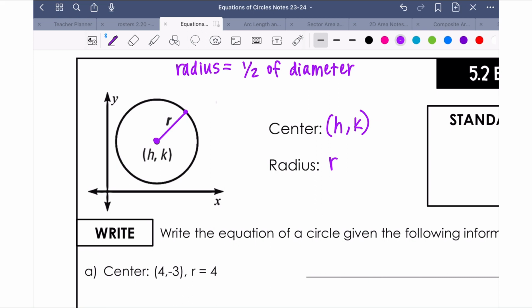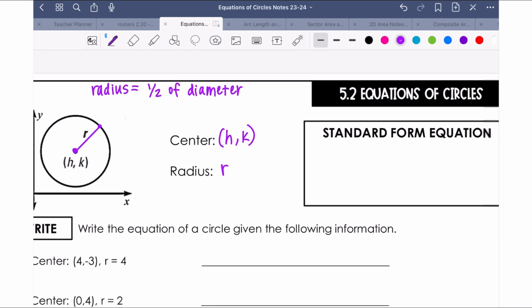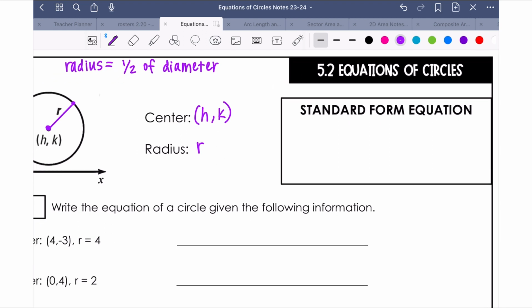All right, so let's see what the formula looks like. I'm going to write it right here where it says standard form. Remember, formulas are like recipes, so you have to follow it exactly how it is.